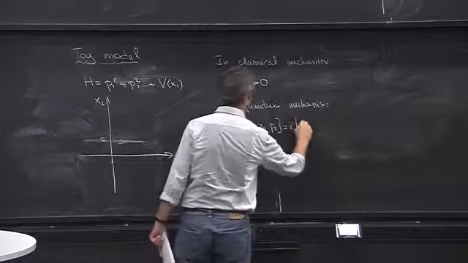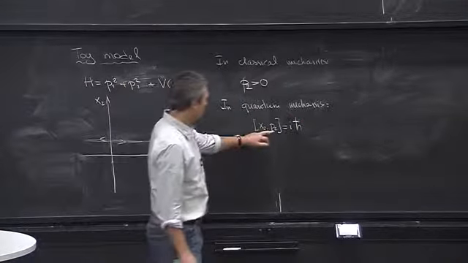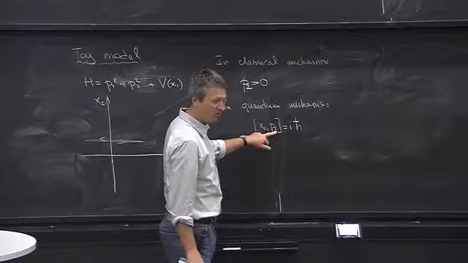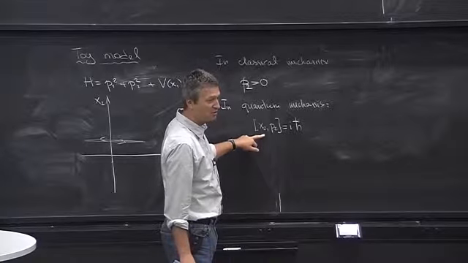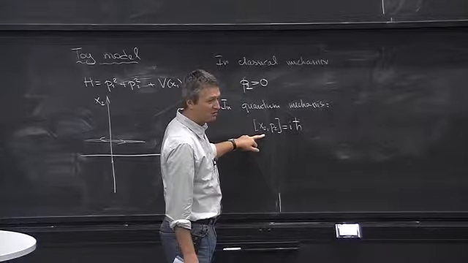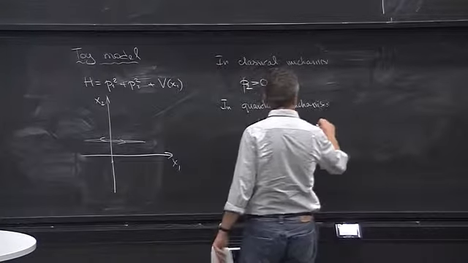So we cannot set an operator to 0 without violating these commutation relations, right? So it's impossible to set.